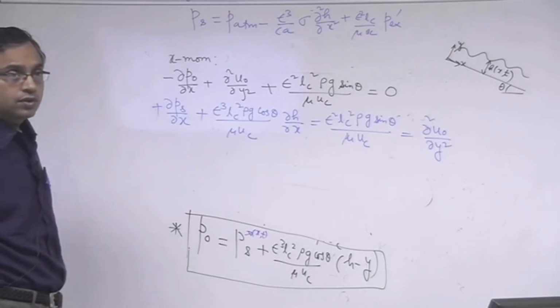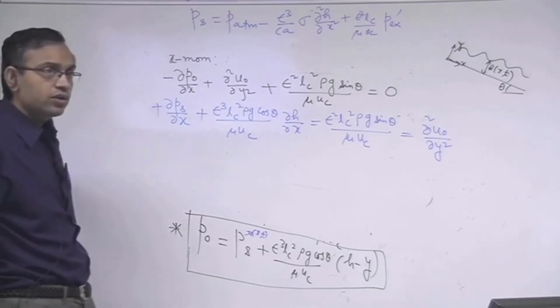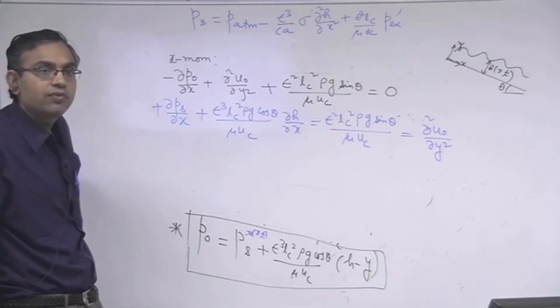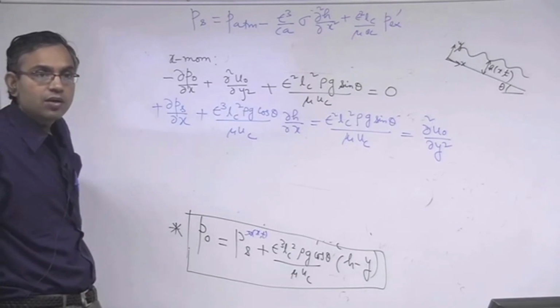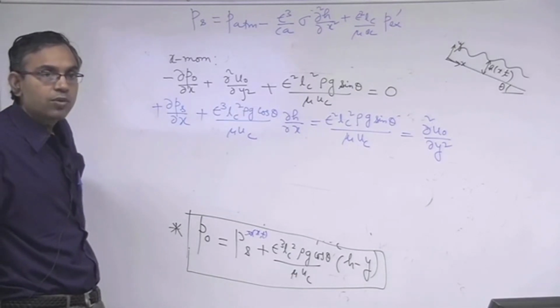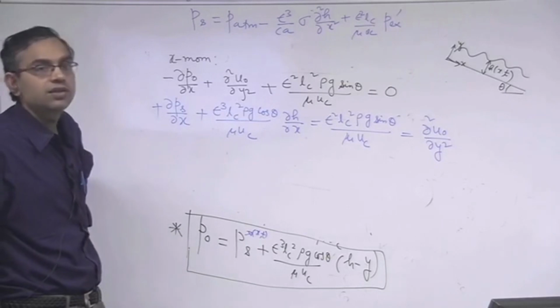Now, this gives an answer to the question that I posed, that although the film thickness is small, still we are considering the y momentum effect, and that effect comes into the picture because the pressure variation is with H and H is a function of x.